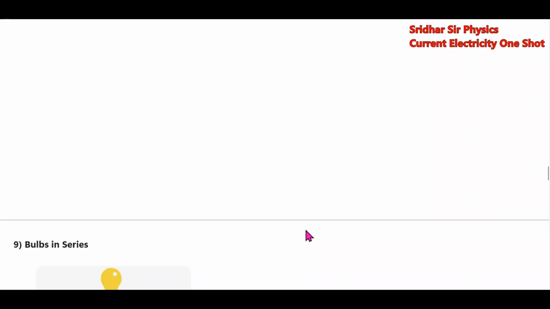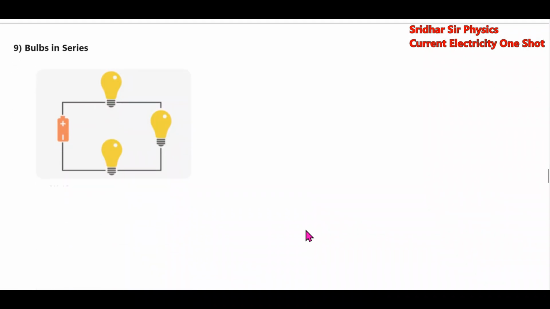Okay, now such bulbs, if they are connected in series, then what is it? Like here, this one having the voltage rating V. These are the bulbs, having the resistances R1, R2, and R3. Then the same current I will flow. Then what is the power dissipated across the first bulb P1, second bulb P2, third bulb P3?